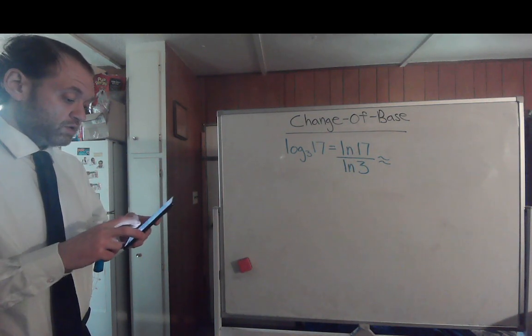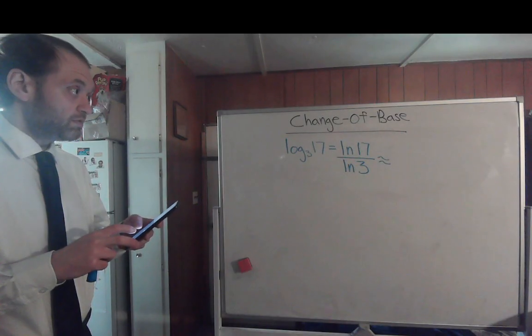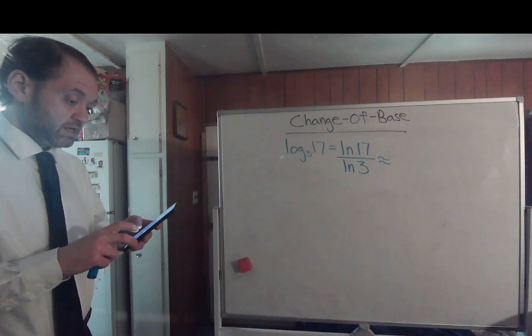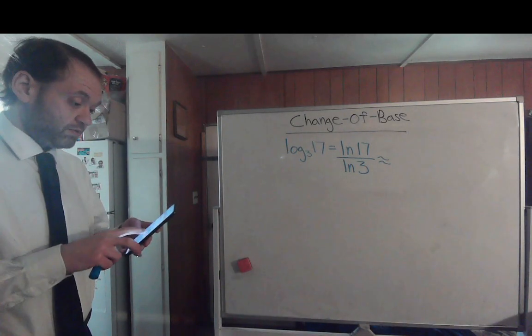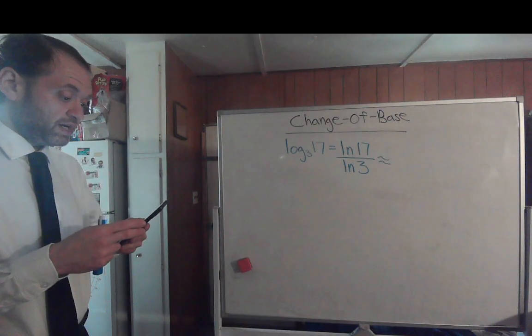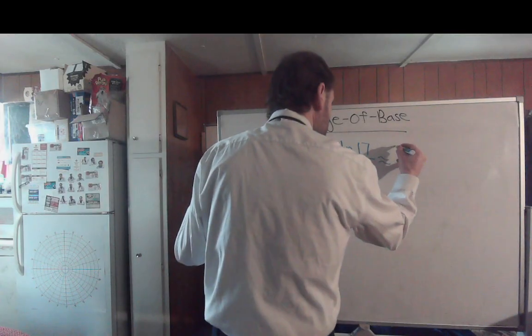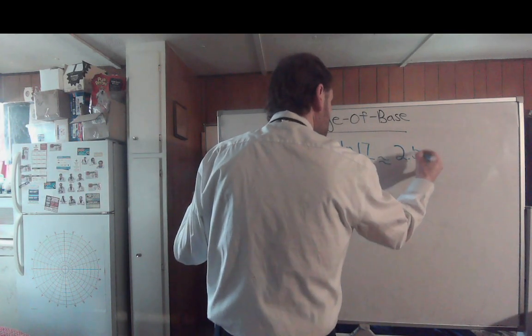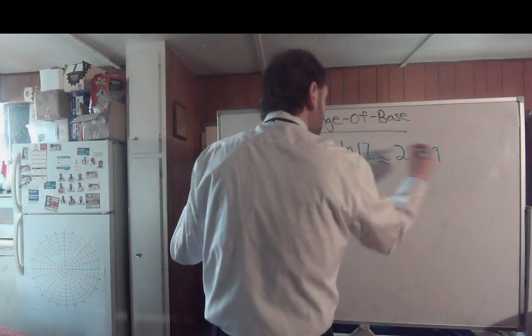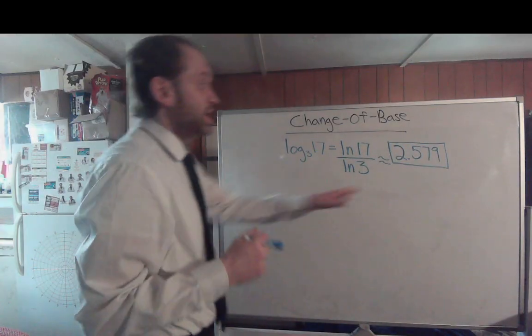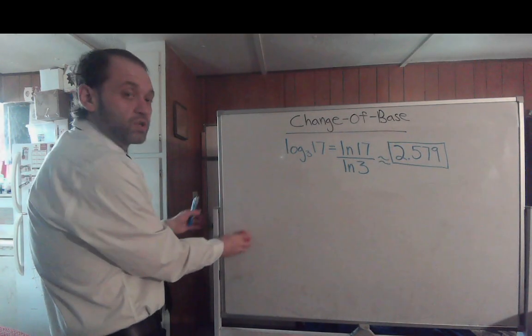All right, so the ln of 17 divided by the ln of 3 gives us about 2.579. So to 3 decimal places, you get approximately 2.579 for your answer.